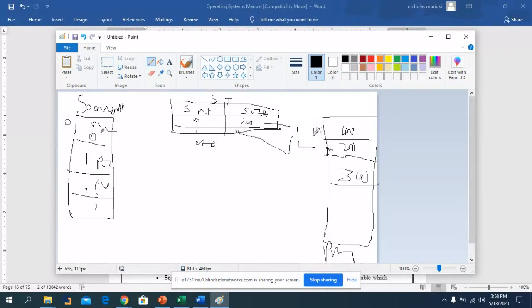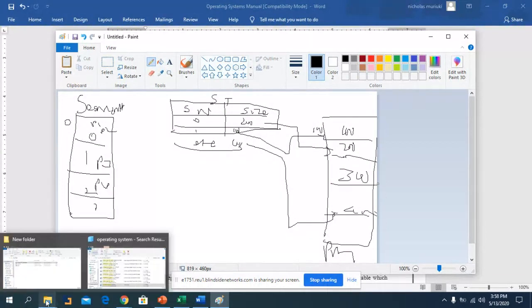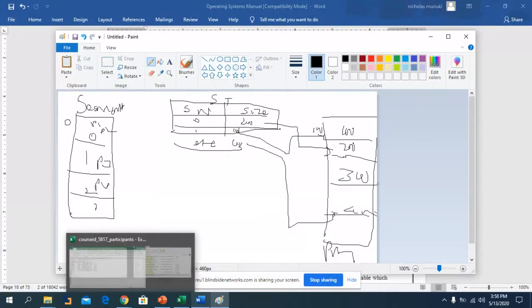This one you can map. If you have another one which has 400, and here we have 400, so this one we can map here. That is a very simple interpretation of what we are supposed to get within segmentation.